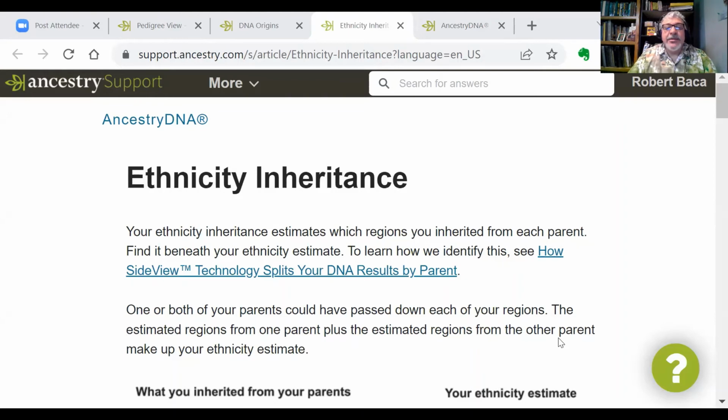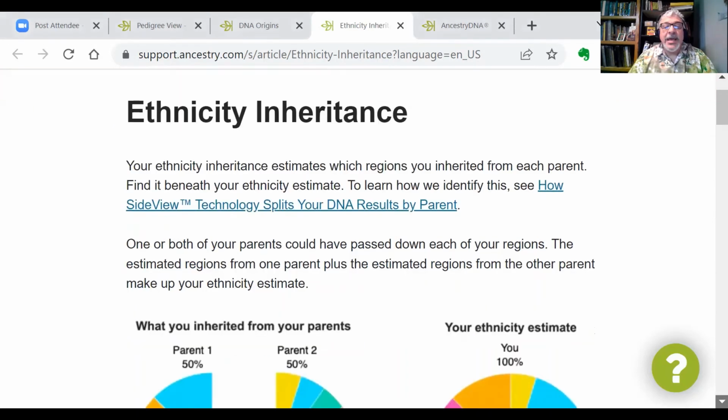Find it beneath your ethnicity estimate. To learn how we identify this, see how SideView technology splits your DNA results by parent, and I'll show you that in a minute. One or both of your parents could have passed down each of your regions. The estimated regions from one parent plus the estimated regions from the other parent make up your ethnicity estimate.